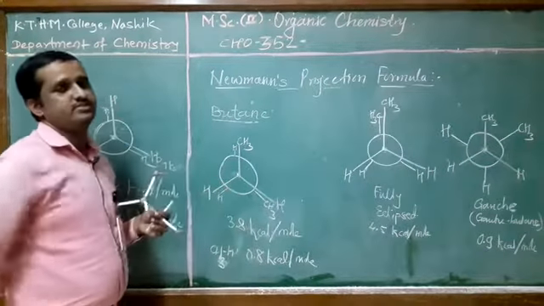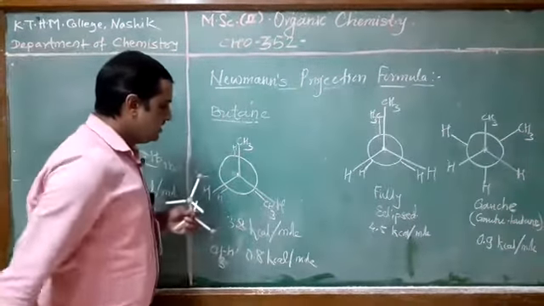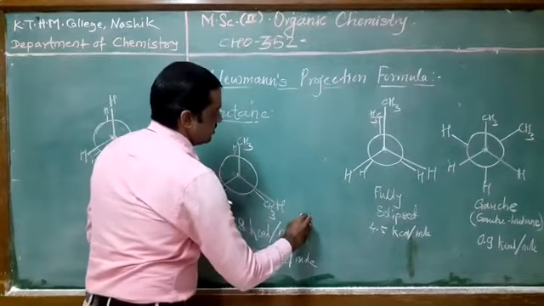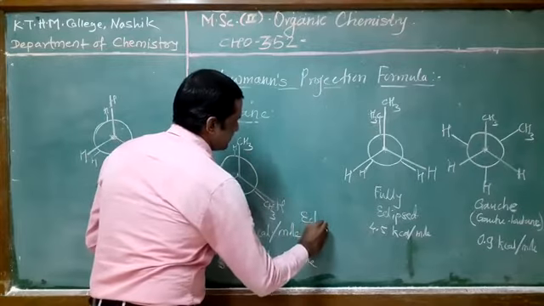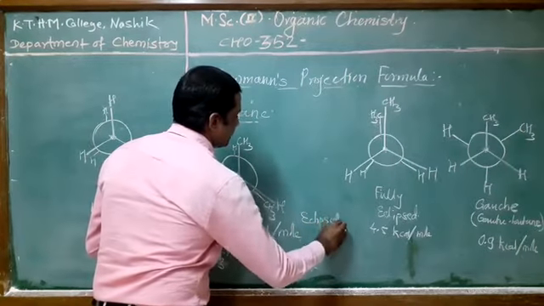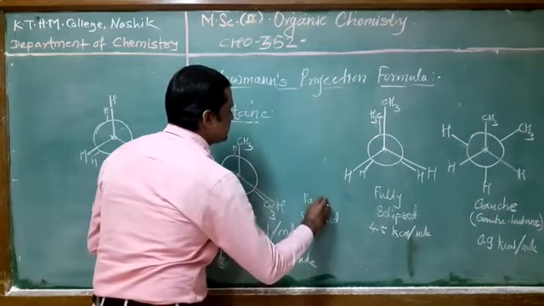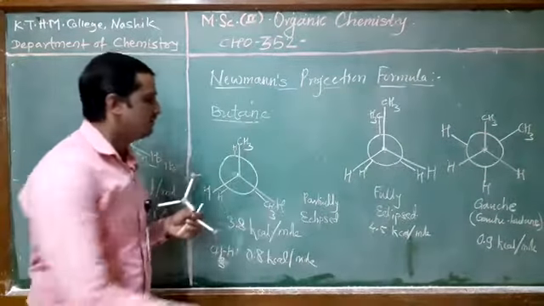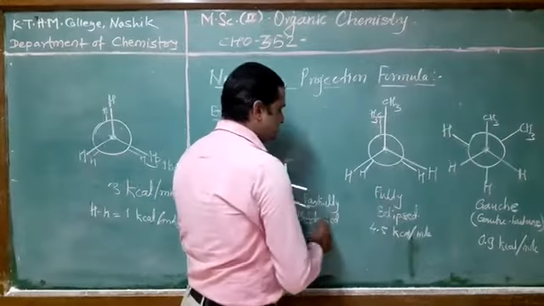CH3-H interaction energy. So this particular conformation is called an eclipse conformation, or we can say a partially eclipse conformation. Why? What is the difference between fully eclipse and partially eclipse?